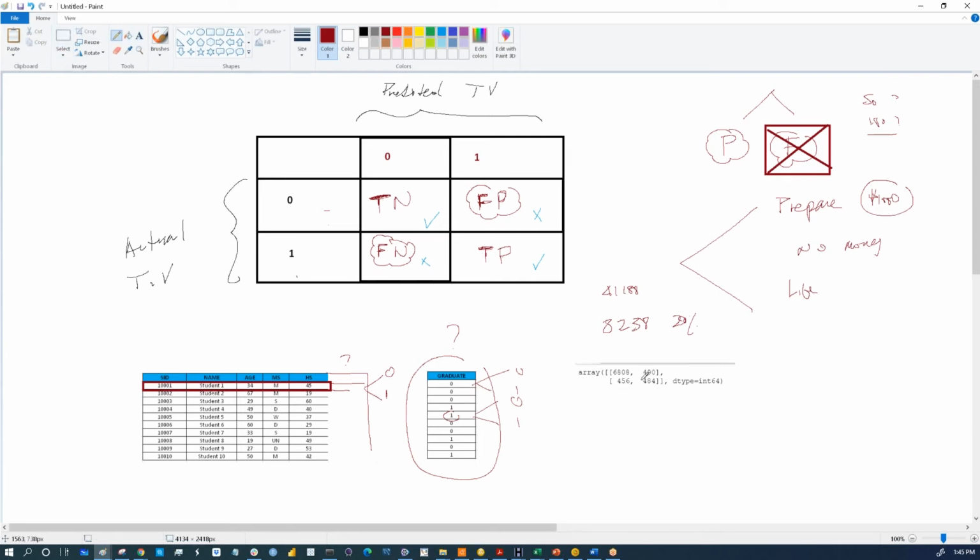How many zeros do we have in this? Do the math: 6,808 plus 490.